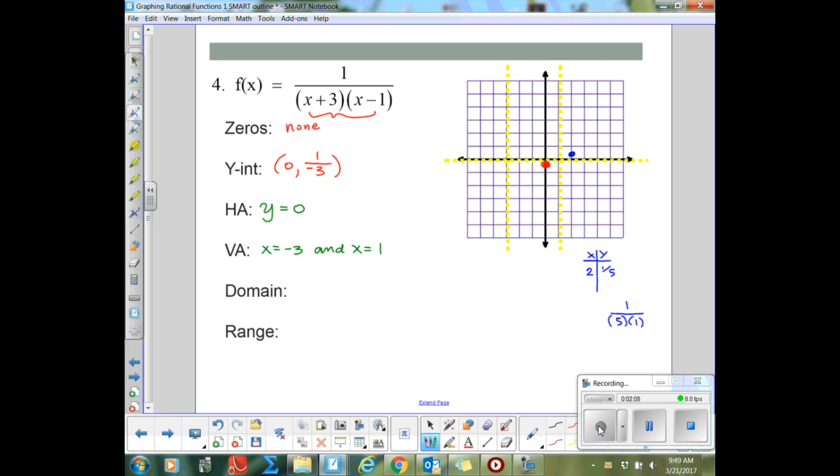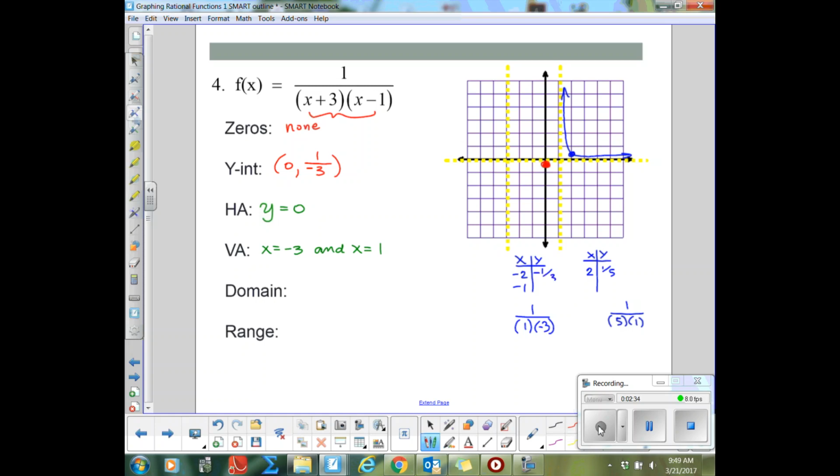I don't need any more points. I can tell what's going to happen there because I know what impact the asymptotes have on the graph. In the middle section, let me plug in a negative 2, maybe a negative 1 if you want. 1 over, plugging in a negative 2 gives me negative 1/3.